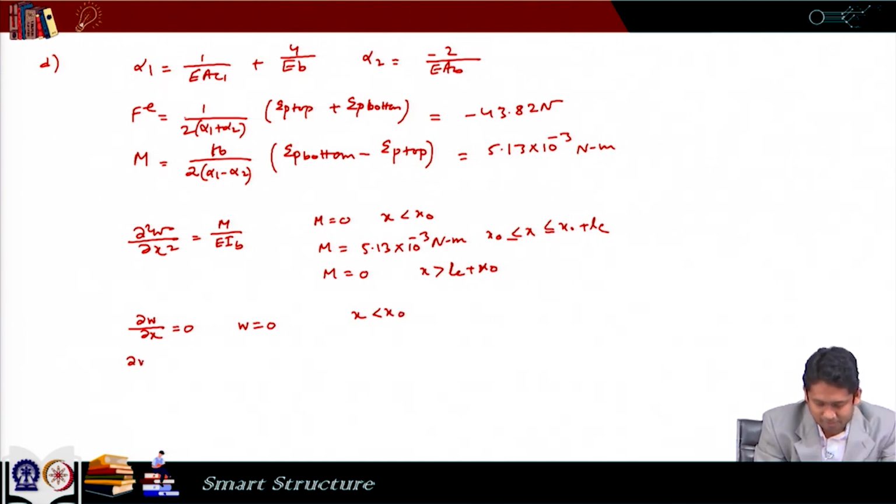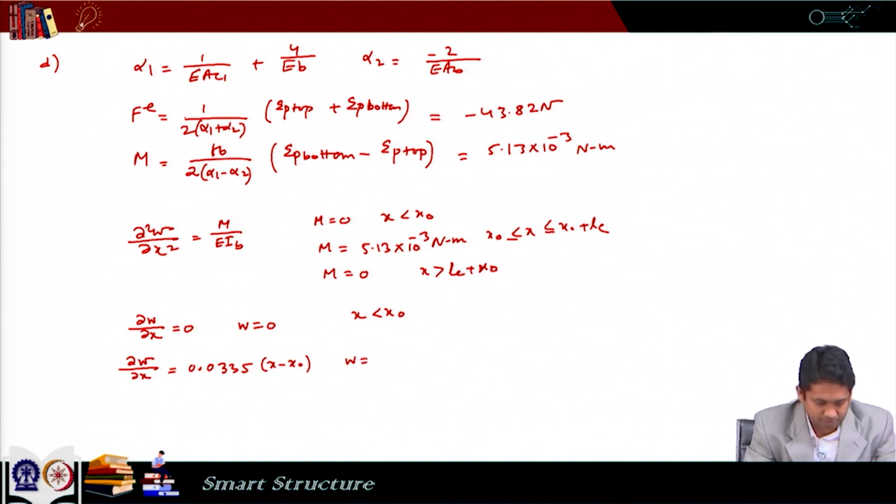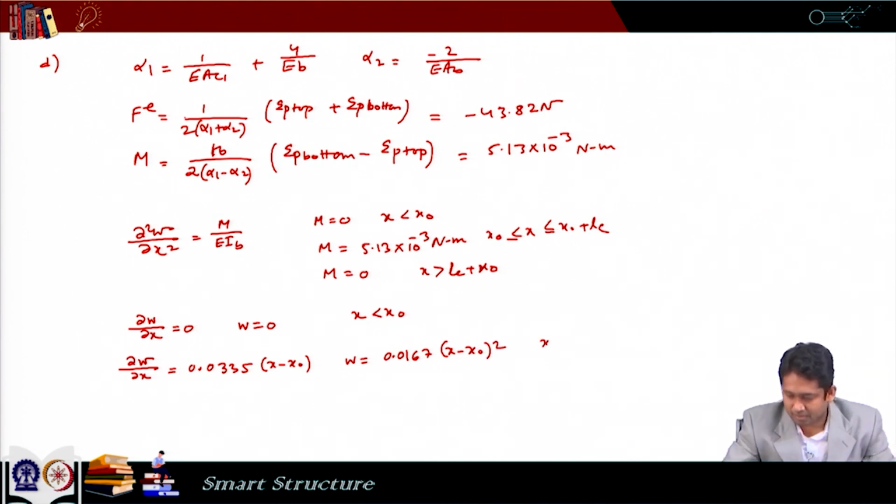Then del W by del X, which is the slope, is equal to 0.0335 times x minus x 0, and W is equal to 0.0167 times x minus x 0 squared, in the piezo region up to LC.